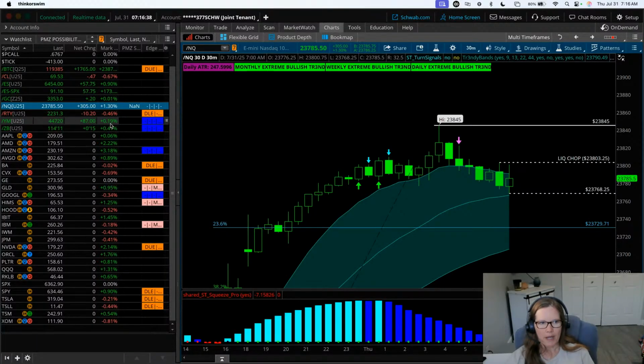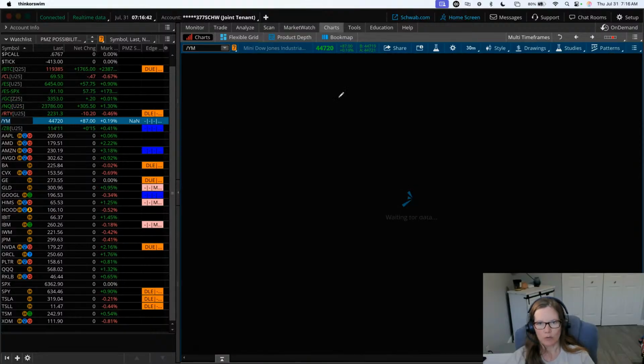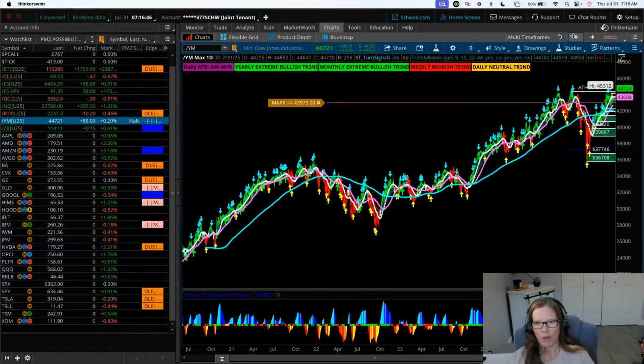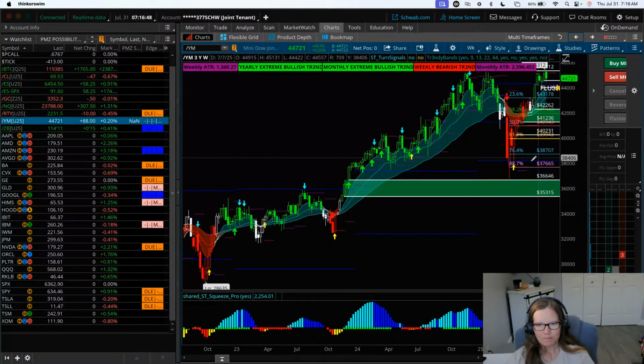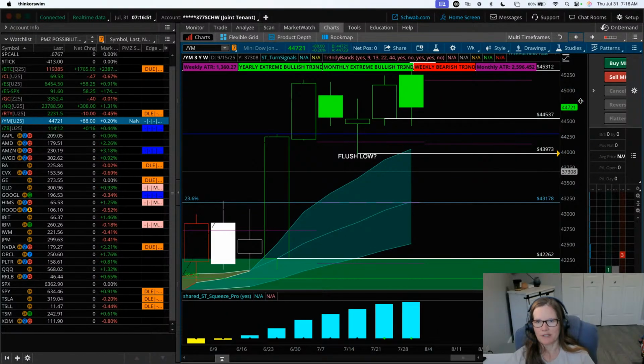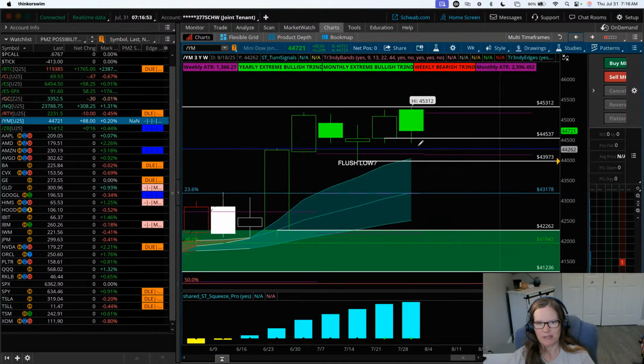Right now, YM is trying to keep up, at least stay green. I want to look at the important levels on YM to see if we have support below where that support is at, and the possibility that YM could trend to the upside today.